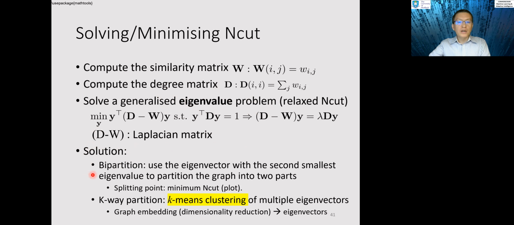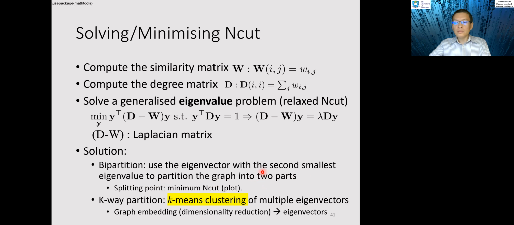We can do a bipartitioning of the data points into two clusters by using the eigenvector corresponding to the second smallest eigenvalue. Here, the smallest eigenvalue would not partition the graph; the second smallest one will partition the graph into two parts.